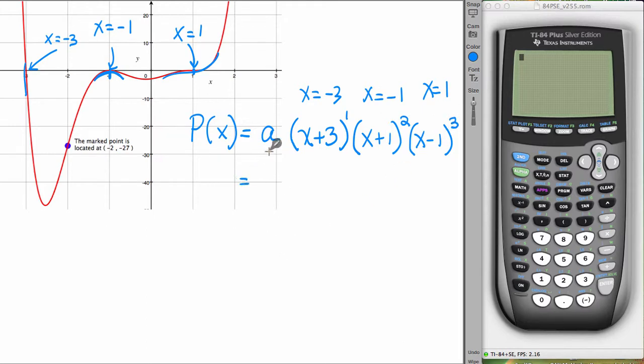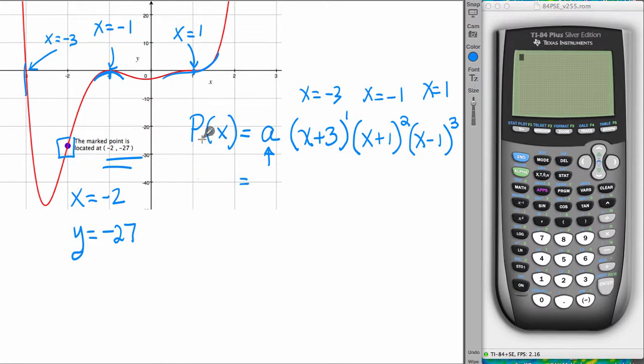Now, this coefficient a can be determined by referring to one final point. This point is located at x equals -2, y equal -27, and these two coordinates, x and y, will allow us to figure out the value of a.